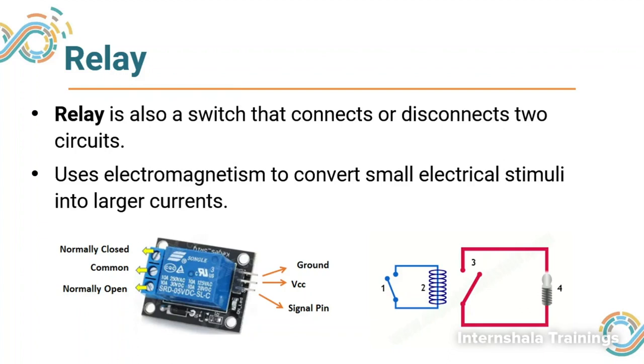At position 3, when the switch is pulled, the larger circuit is also completed, and we can see the appliance like a bulb or motor or anything which is connected start operating. The larger circuit is connected from the PCB left side pins, which are common, normally closed and normally open. So this is how the connections are made.